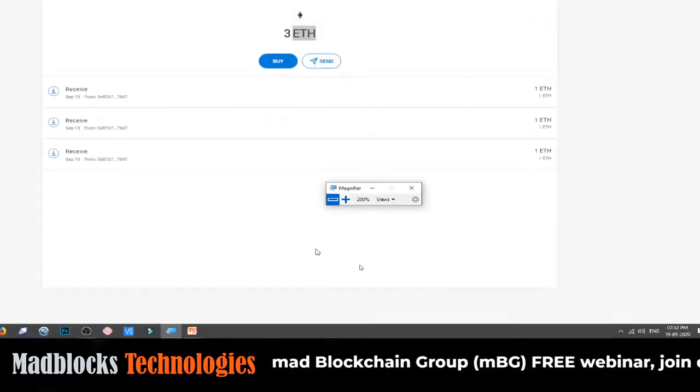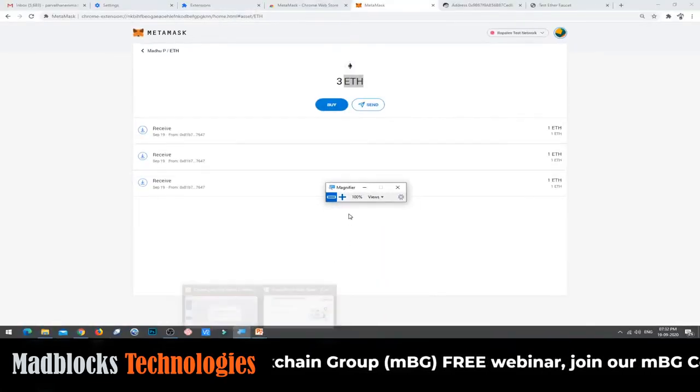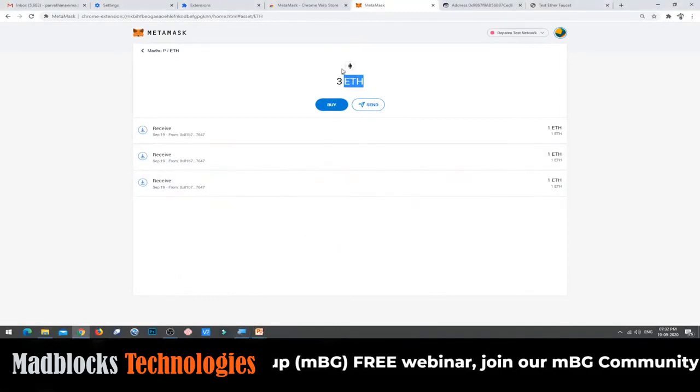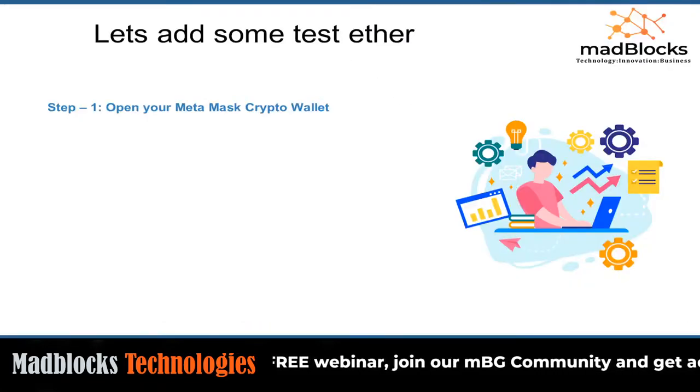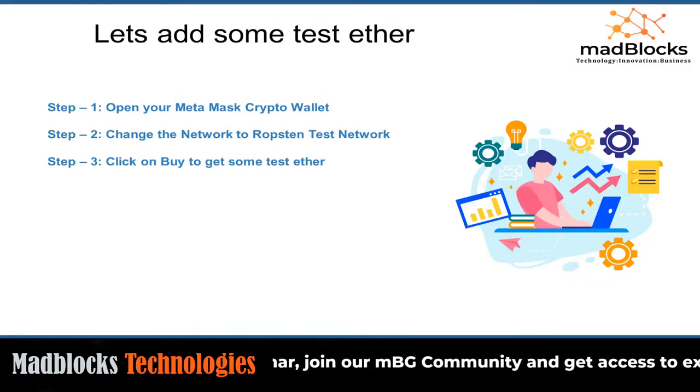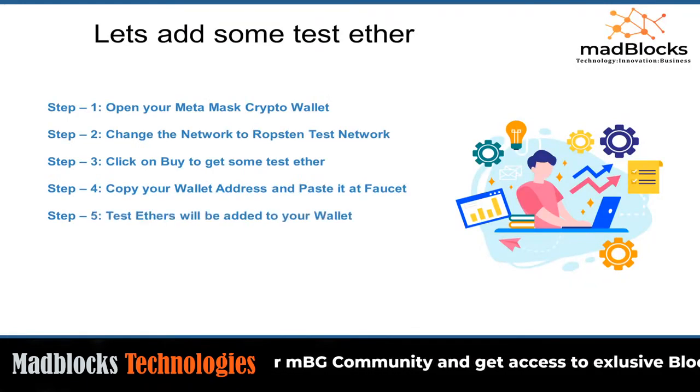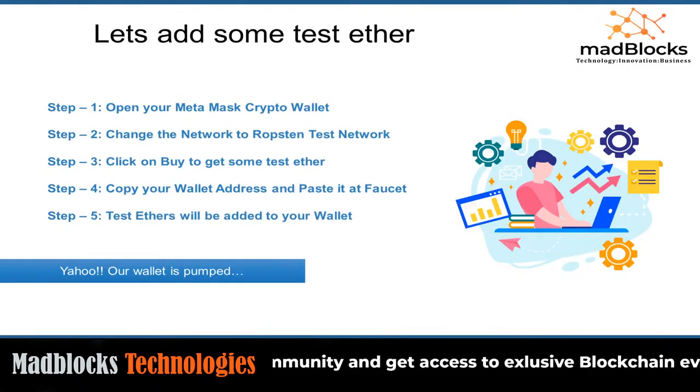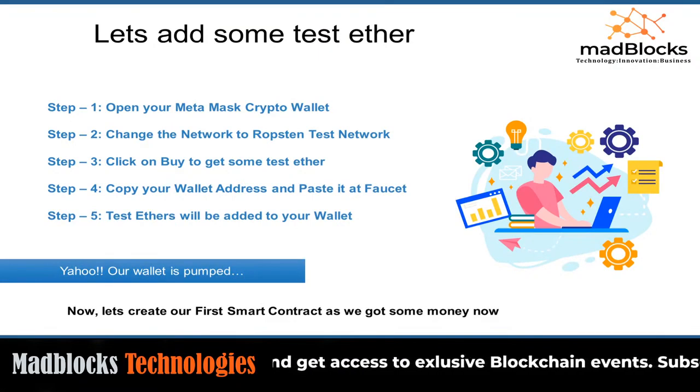So let me zoom out. So hope you have received your test ethers. Okay, so once you receive test ethers, you can do all this. So your wallet is pumped right away. Now this is the time we have to jump to the final part. So we have understood how to create a crypto wallet, and also we have understood how to fill our wallet, right?